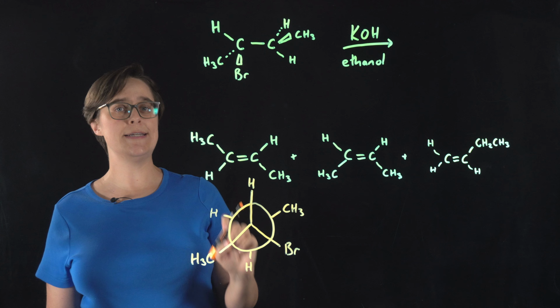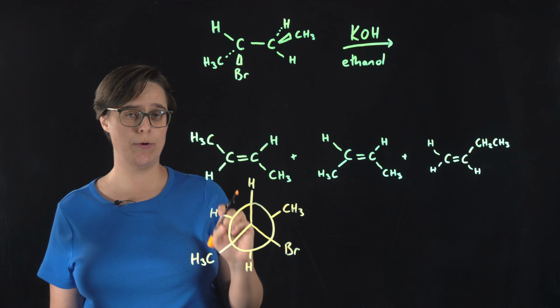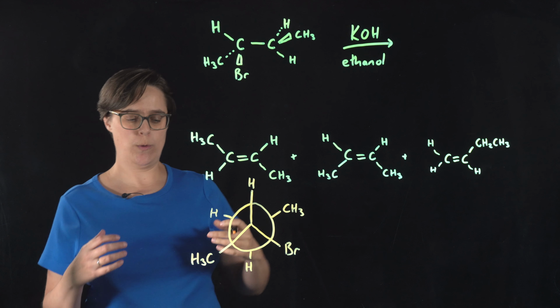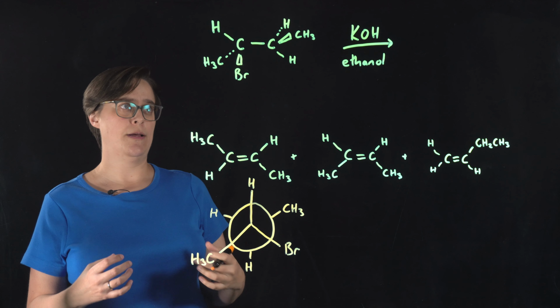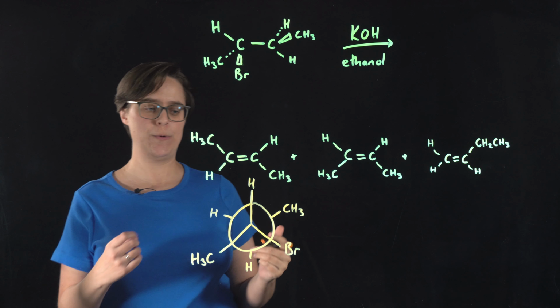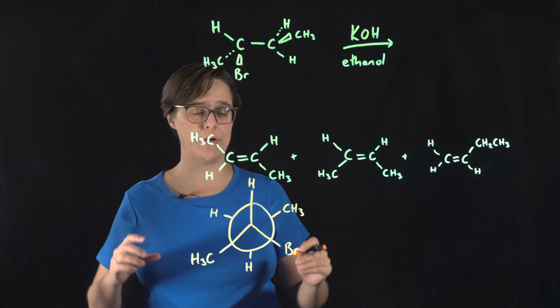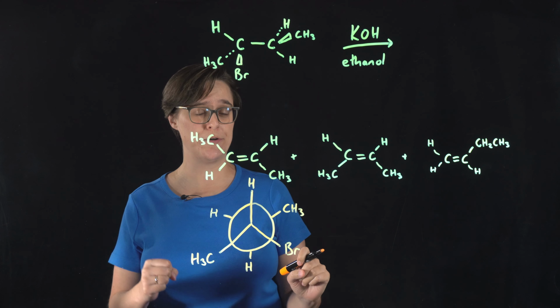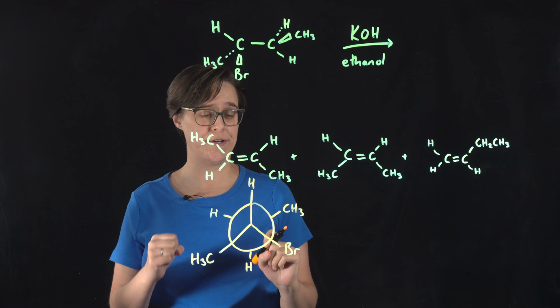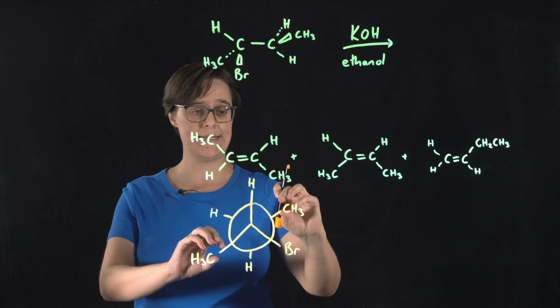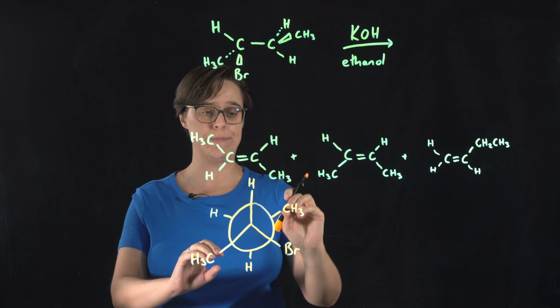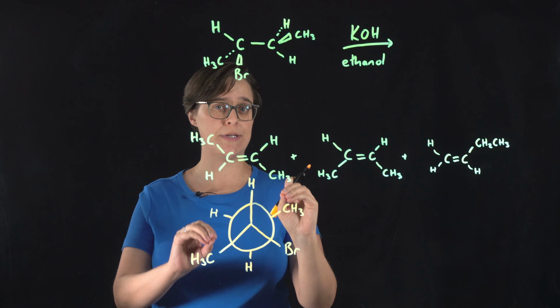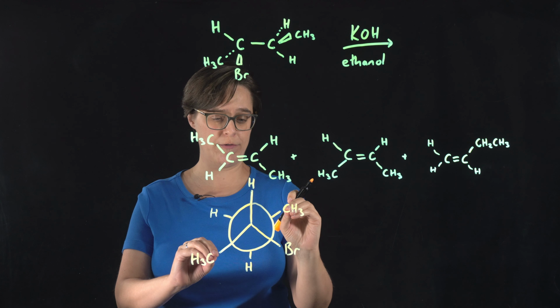So, this is an extremely stable conformation. When we talk about stabilities of conformations, we don't really care about the hydrogen or the leaving group. What we care about are those big bulky groups that want to be as far apart from each other as they can be. In this case, these CH3 groups. And these CH3 groups are 180 degrees apart from each other.